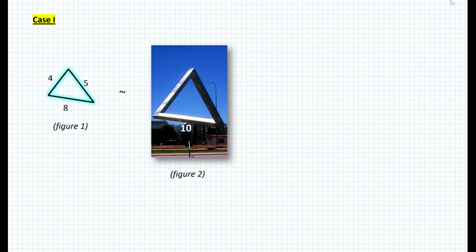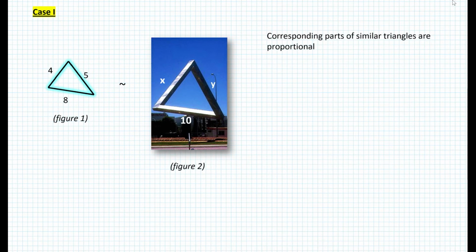So we can designate the triangle from Australia to have sides x and y as shown in figure 2. And again, since the two triangles are similar, there has to be some type of proportion, because we know from the postulate that corresponding parts of similar triangles are proportional.